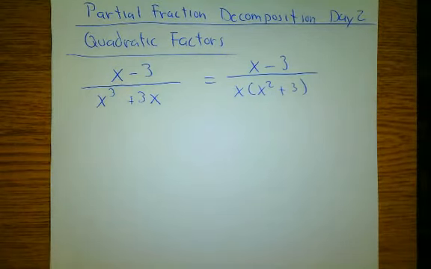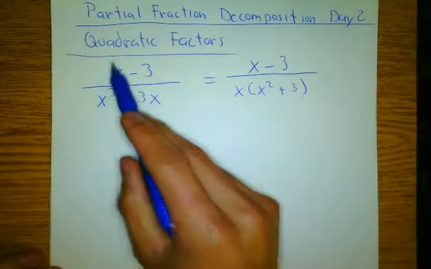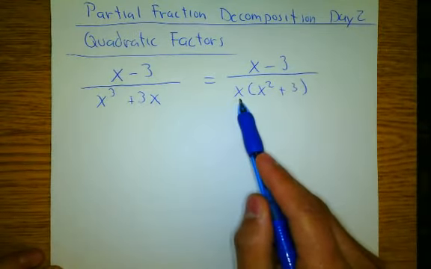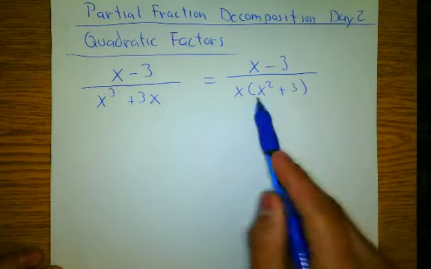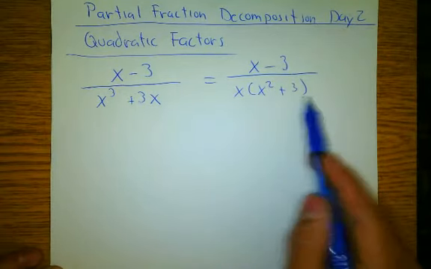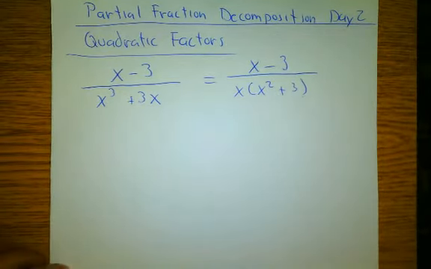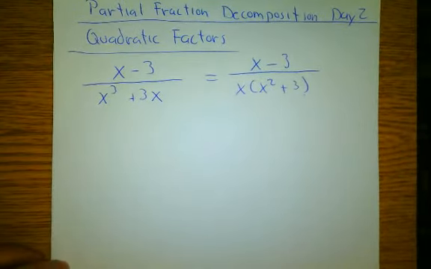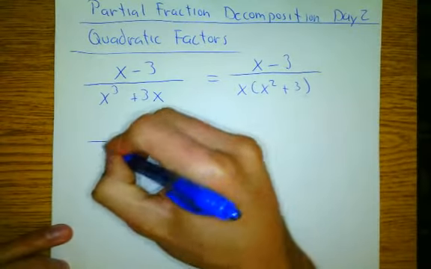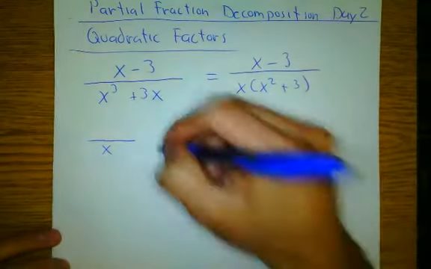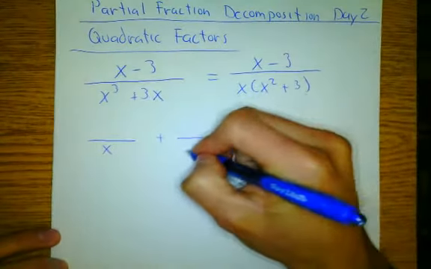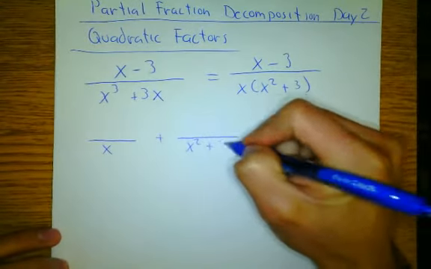Do you guys now see how I have a linear factor and now I have a quadratic factor? Giving me 2 factors, letting me know that I have 2 fractions. One fraction in which the denominator is x, and another fraction in which the denominator is x squared plus 3.